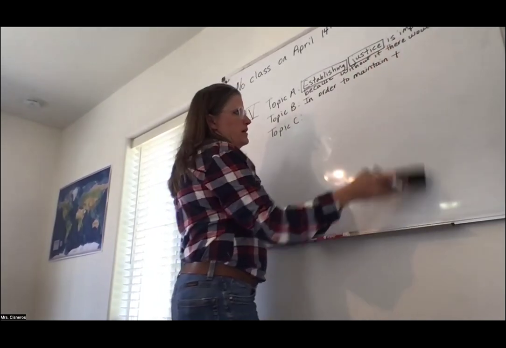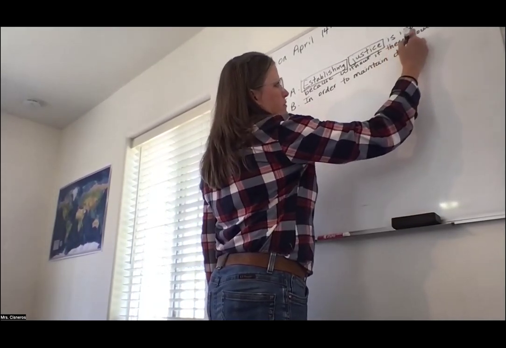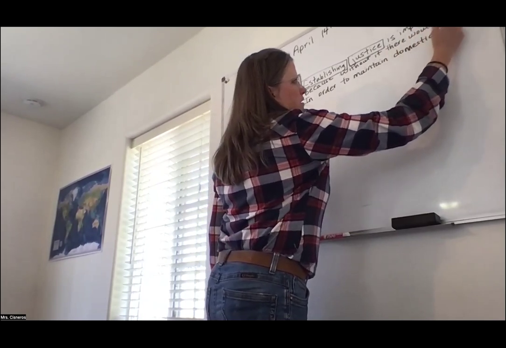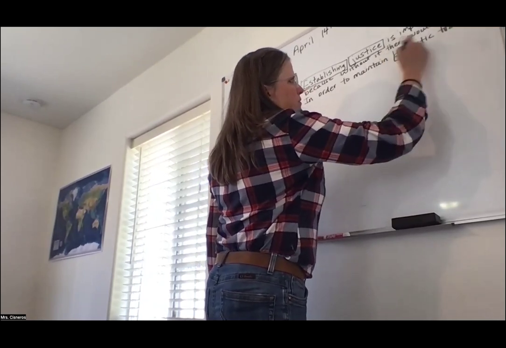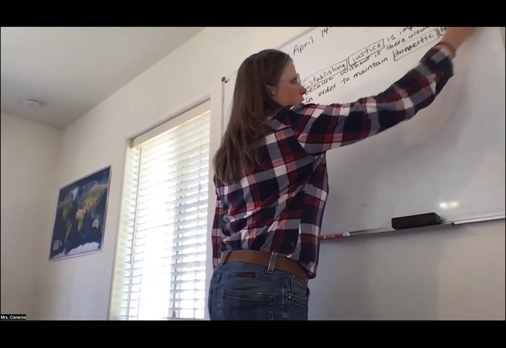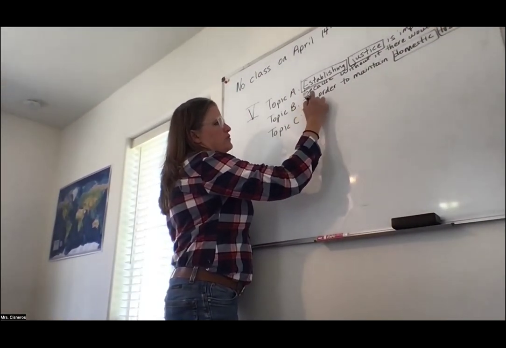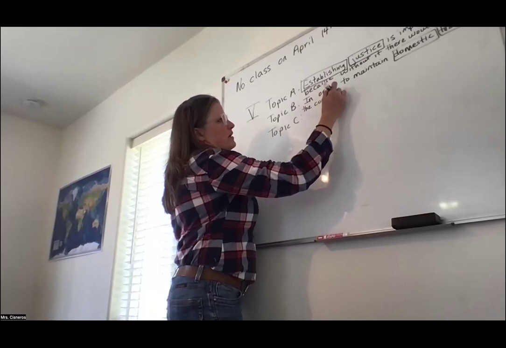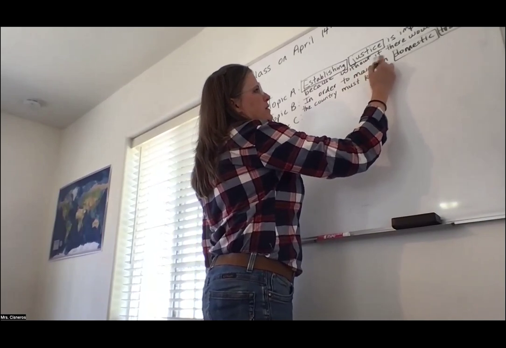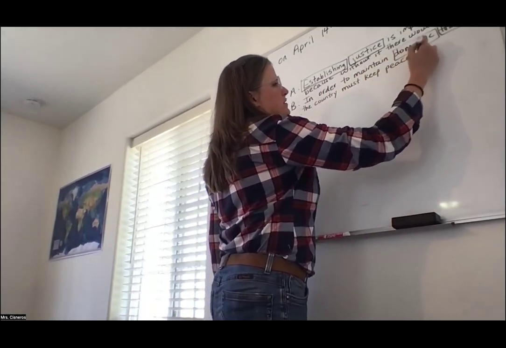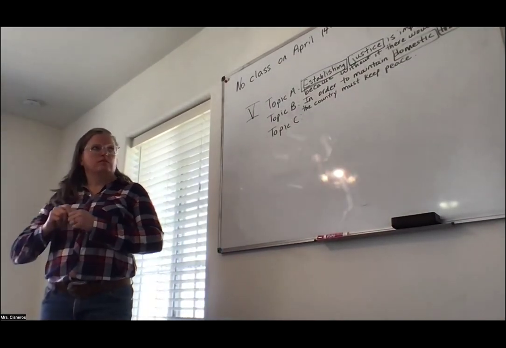I'm doing topic B, domestic tranquility, and then you would put a box around domestic tranquility. In order to maintain domestic tranquility, the country must keep peace. Does this sound okay? Ensuring, something like that.